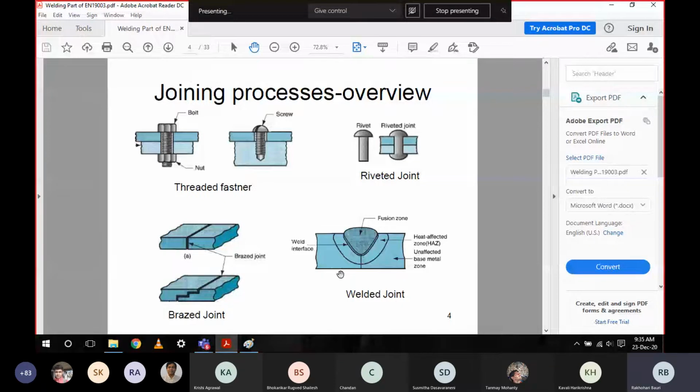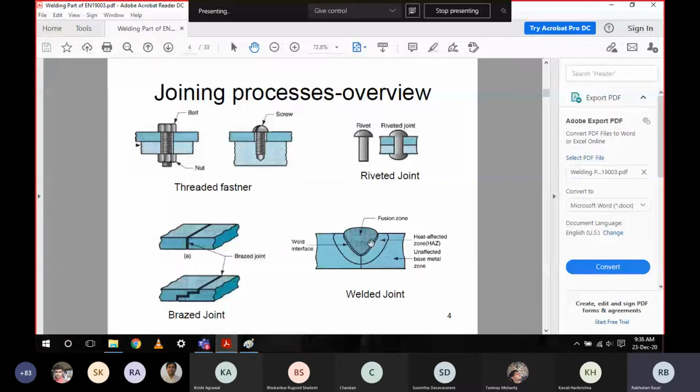And those grains are very sensitive to cooling rates. Cooling rate means the rate of change of temperature. Now, here in this heat affected zone or the melted zone, when the welding process is done, the only process left is cooling.